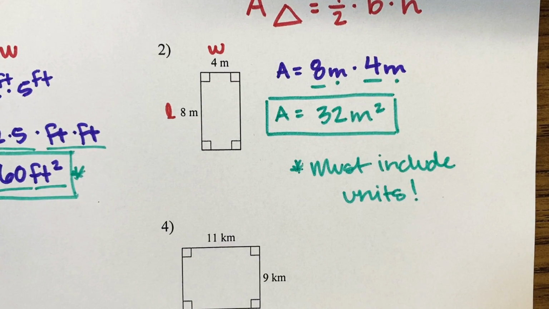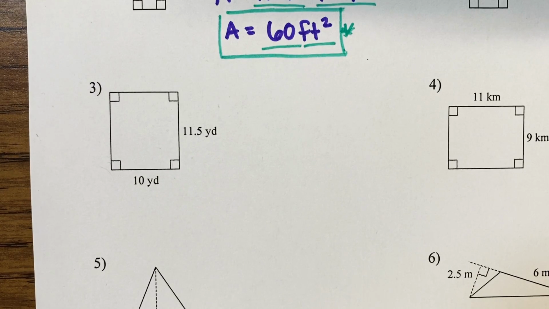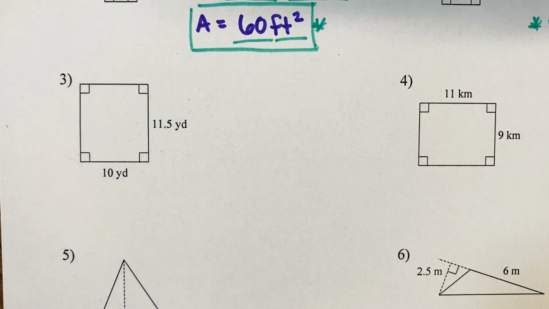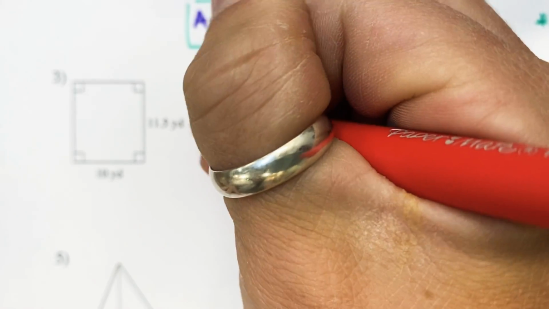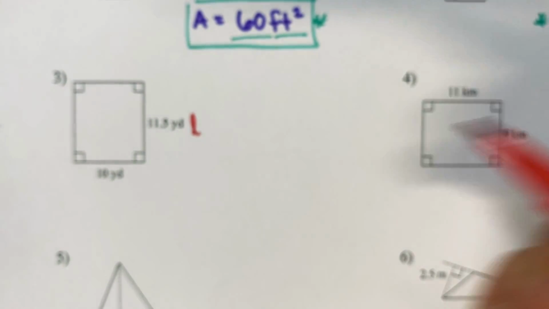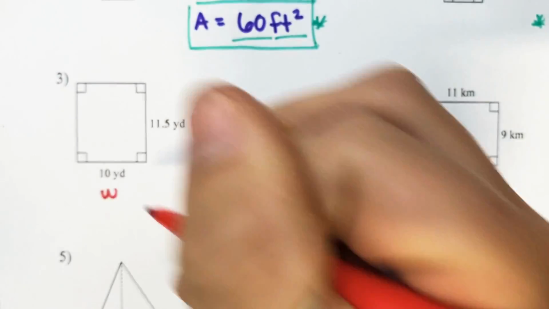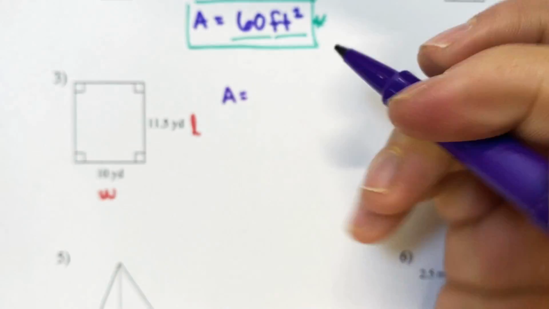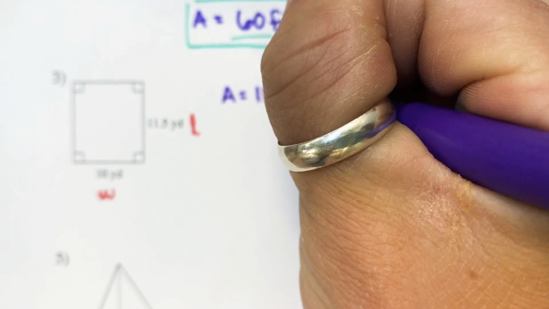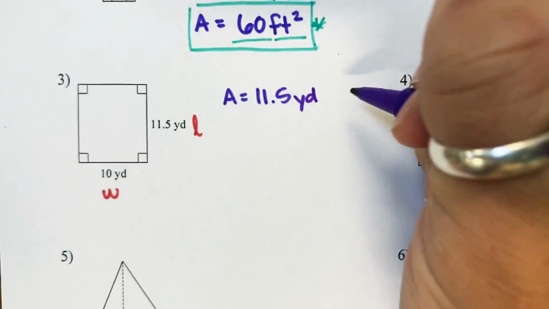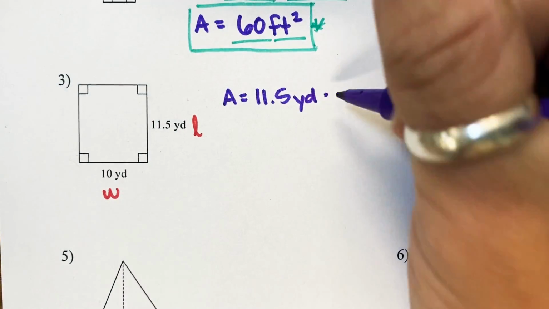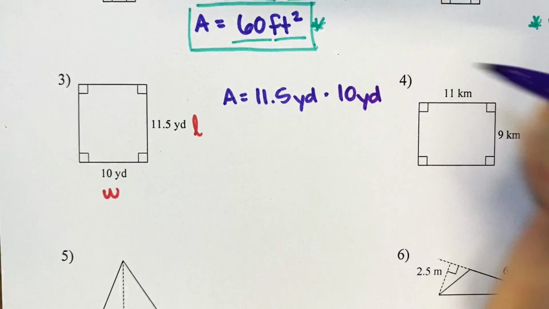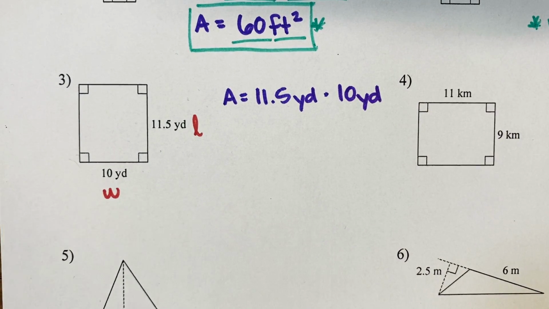Okay, let's look at number 3. Which one is our length and which one is our width? I'm going to make 11.5 our length, and that would mean that 10 would be our width. The area is always our length times width, so length is 11.5 yards multiplied by 10 yards.